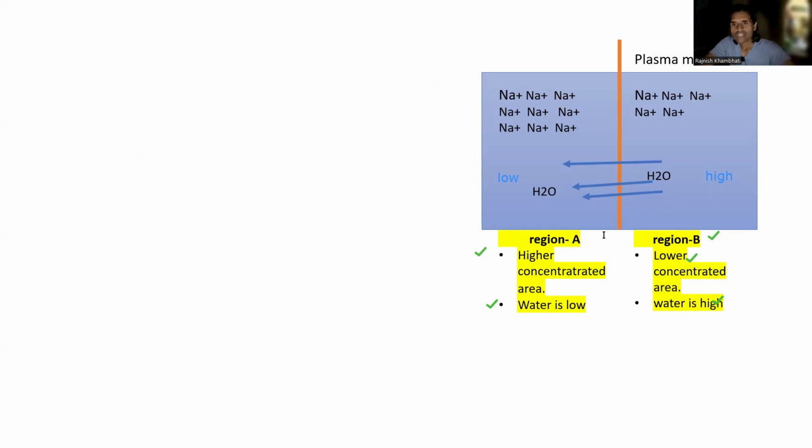Region A, high concentration of Na plus. Region B, sorry, low concentration of Na plus. Now, according to diffusion, what should happen? Write your answer in the comments. What should happen?